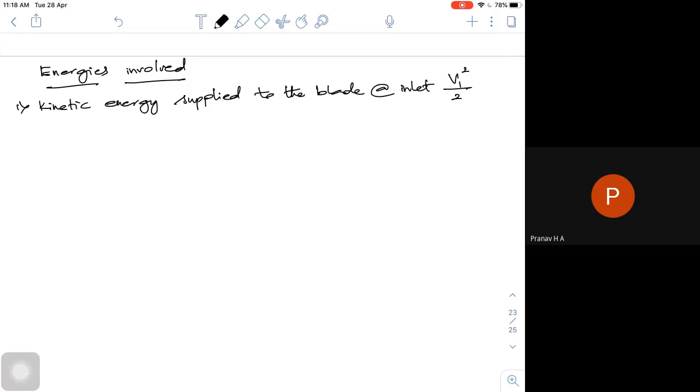Now, what is the kinetic energy on the moving blade? It is actually VR2 square minus VR1 square divided by 2. There is a relative velocity at the moving blade, so VR2 is the exit relative velocity and VR1 is the relative velocity at the inlet.